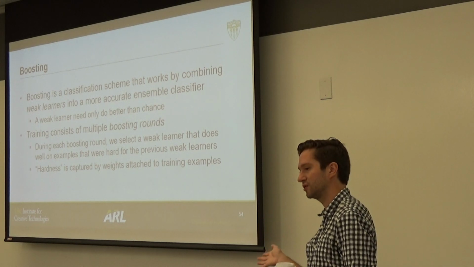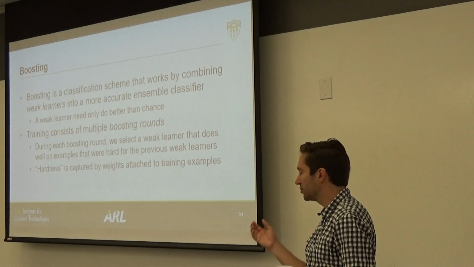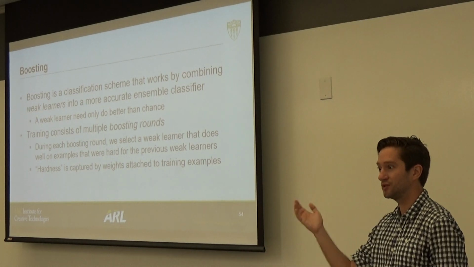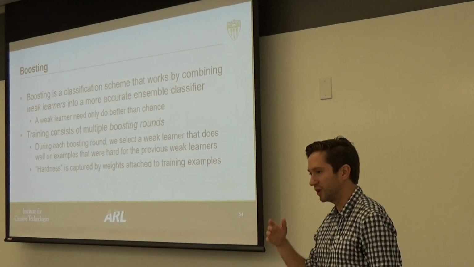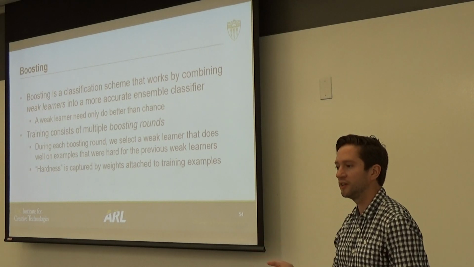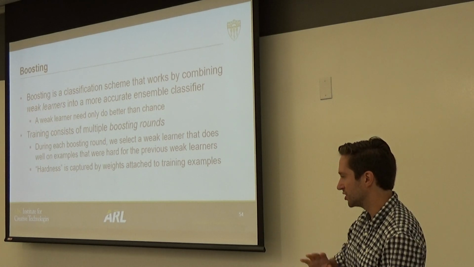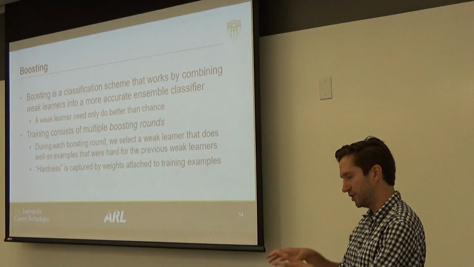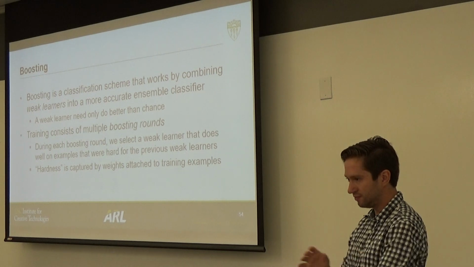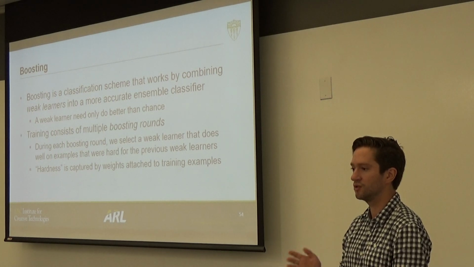In boosting, it's not randomly selected. You first create your best tree, the best tree that you can, and then you look at the examples that were not accurately classified, the ones that you got the most wrong, and you take those and create another tree with them. So the difference is that it's not random.